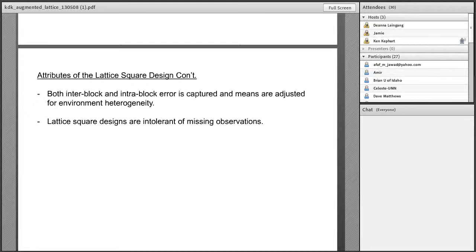Fortunately, we have software that does all of that automatically. Proc Lattice in SAS is a very, very good product. I like to use it a lot in the analysis of lattice designs.